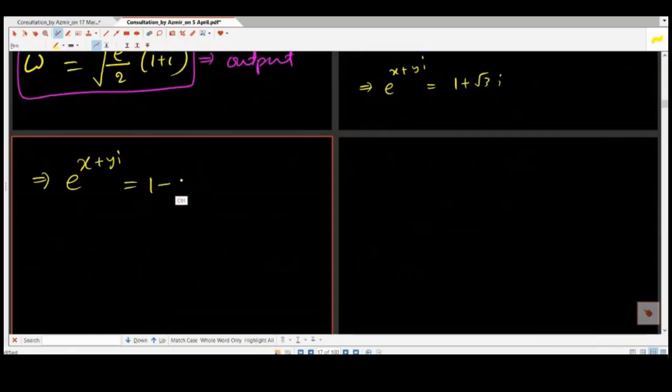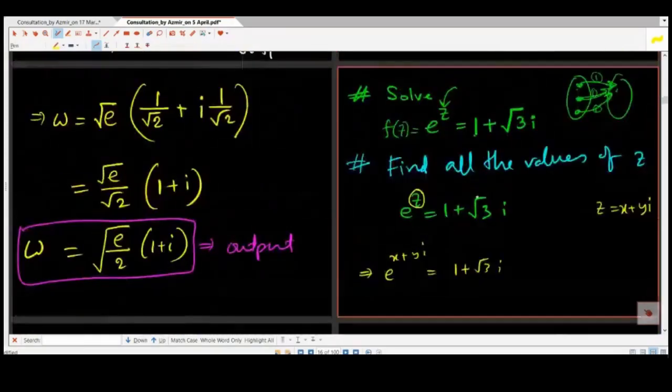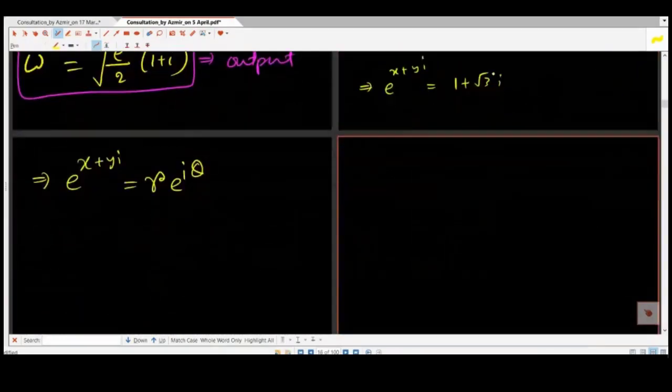We can convert this to polar form, r e to the i theta. So that means for this complex number, we have to find r and theta. We are targeting z. That means finally z will take the form x plus yi. We need to find x and y first, then we can construct z. So this is our target.